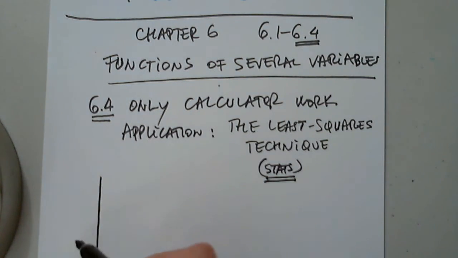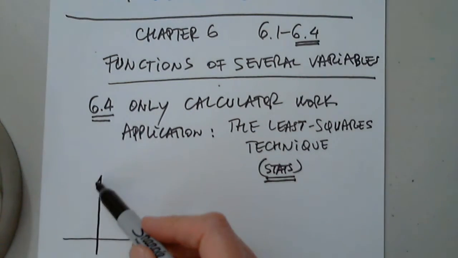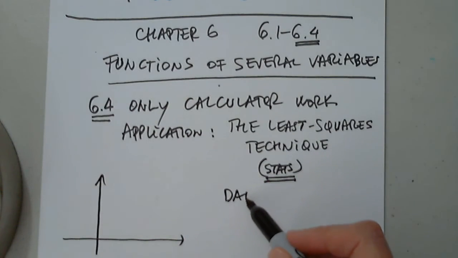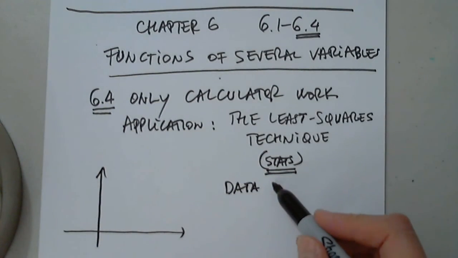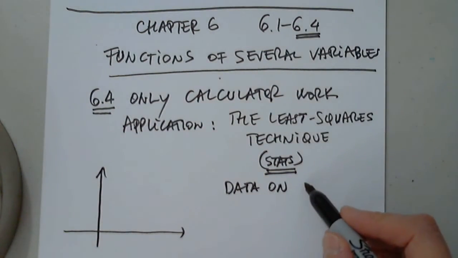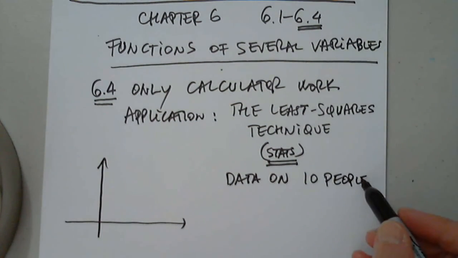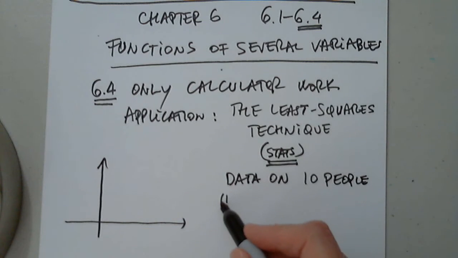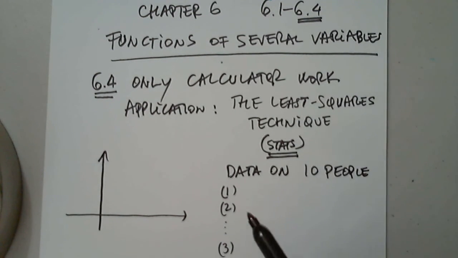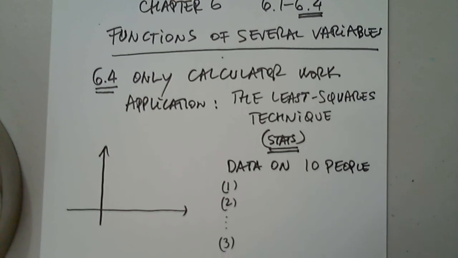Let's suppose we have collected data on, let's say, 10 people. I select 10 of you and give you numbers, with no names. The first person has number 1, the second number 2, and so on up to 10.